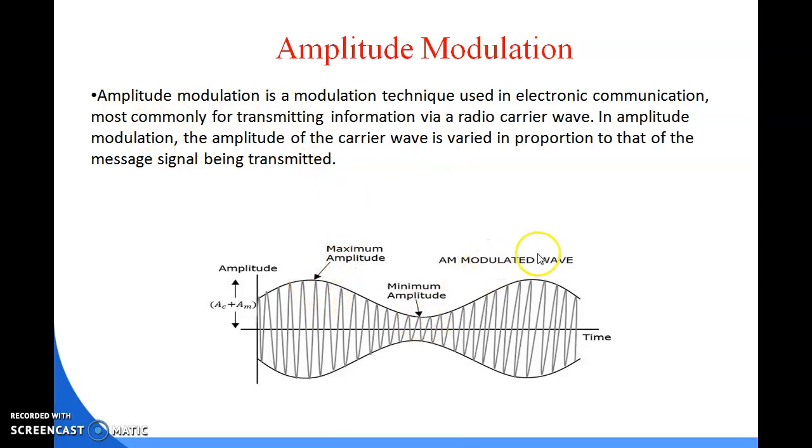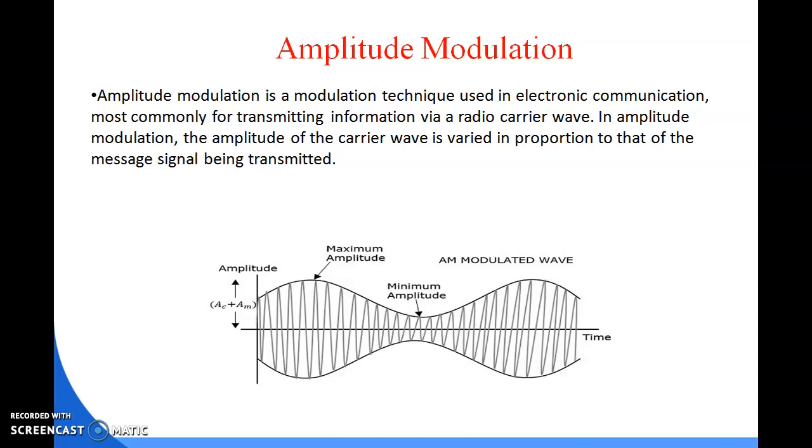It is the amplitude modulated form, and this is the carrier. The amplitude of the carrier wave is varied in proportion to the original message signal being transmitted. So I am repeating, your amplitude will vary according to the original signal. There is no effect on the frequency and phase of the carrier signal.